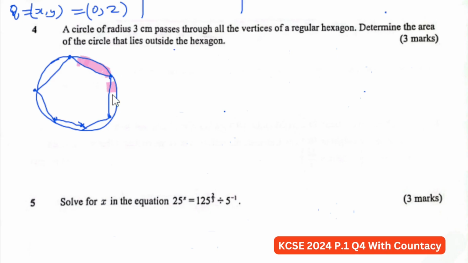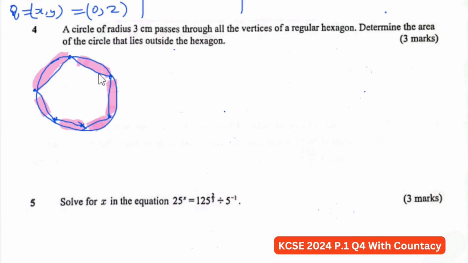Therefore, the part that is outside the hexagon, this part that is around here. Let's just shade it a bit. I'm just doing this so that you're able to visualize that. So that's the part that we are interested in calculating.